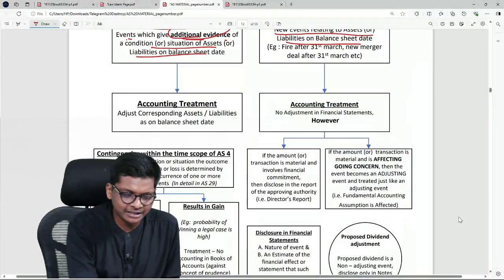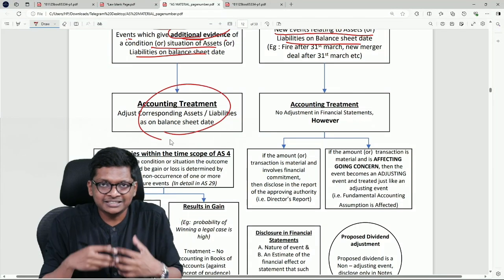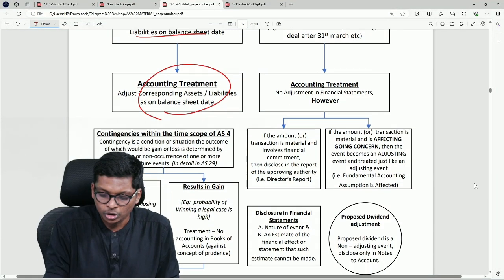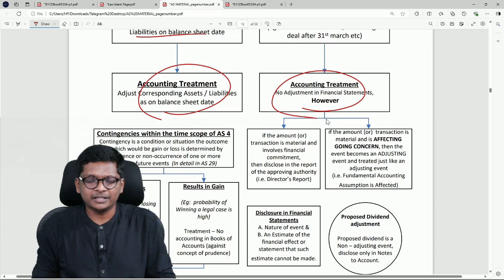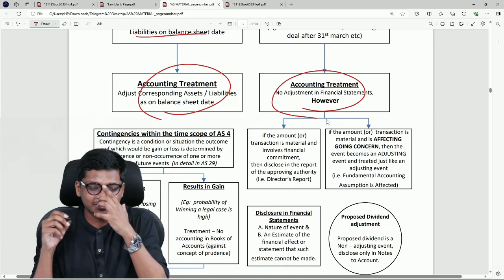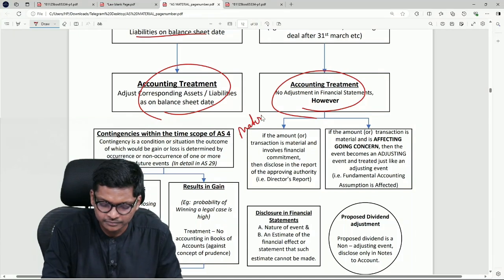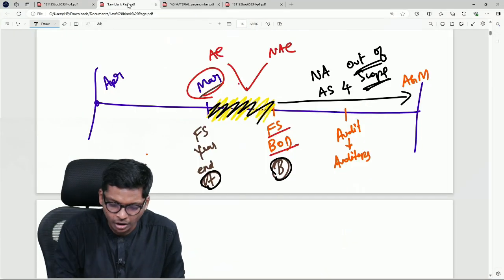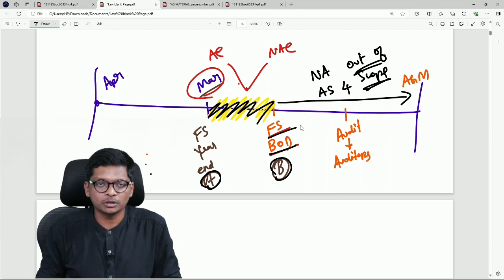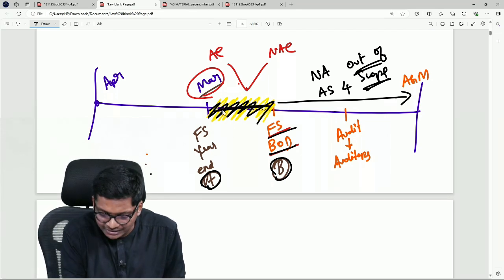What's the accounting treatment? For an adjusting event, you will adjust in the financial statements. For a non-adjusting event, no treatment. However, two things. If the non-adjusting event is material, it happened during this period, after the year end, not after the board of directors approved.